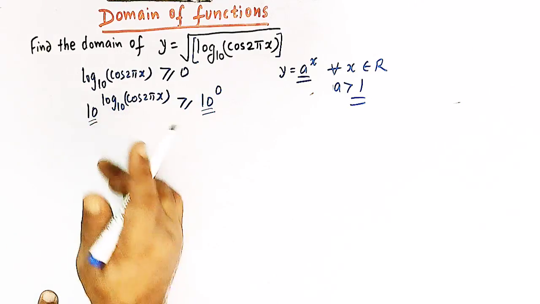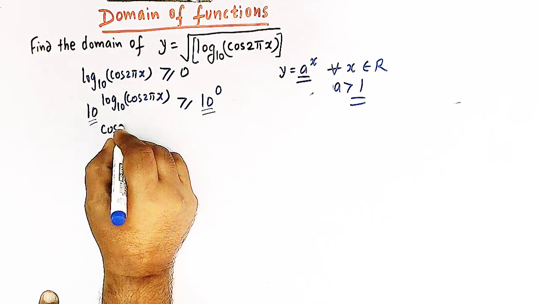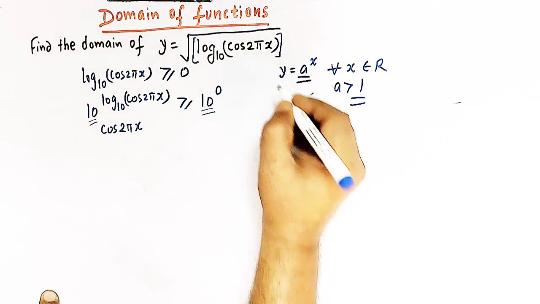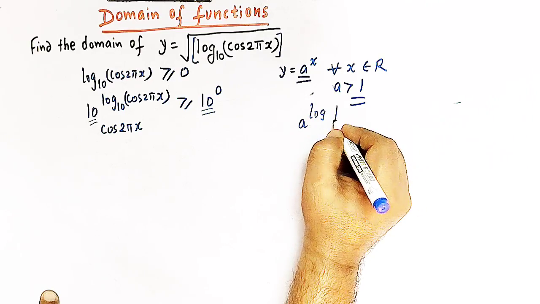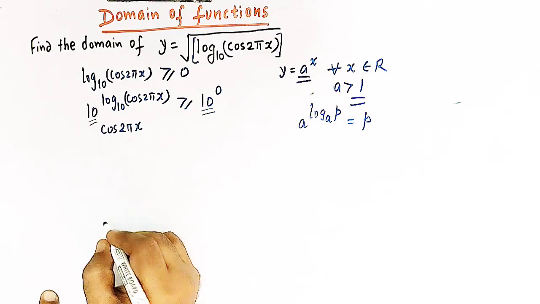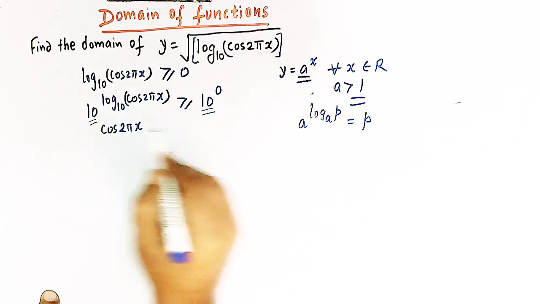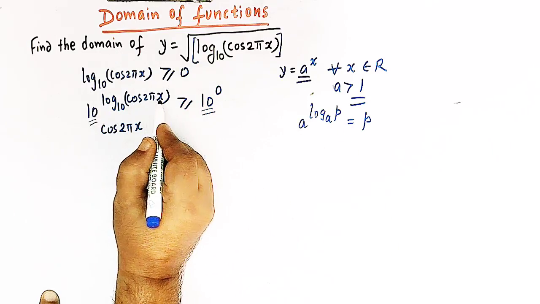So now here this quantity is simply equal to cosine 2 pi x, because we know an important result, that is a raised to logarithm of p to the base a is equal to p, right? So here the value of a is equal to 10, and p is equal to cosine 2 pi x.